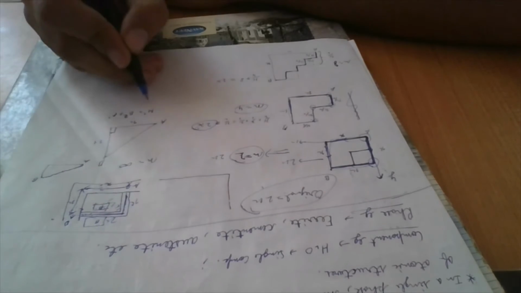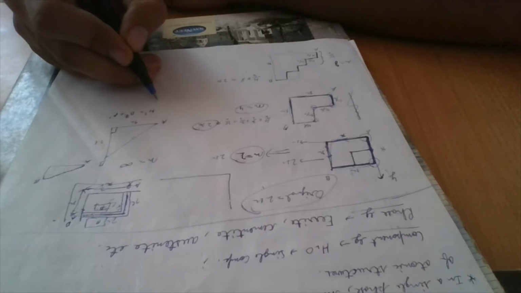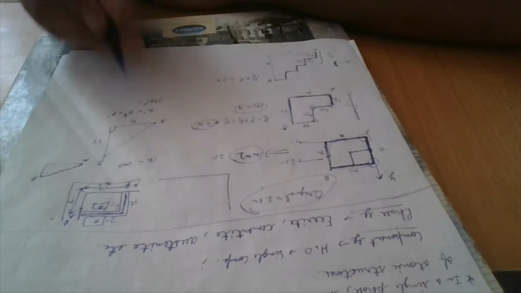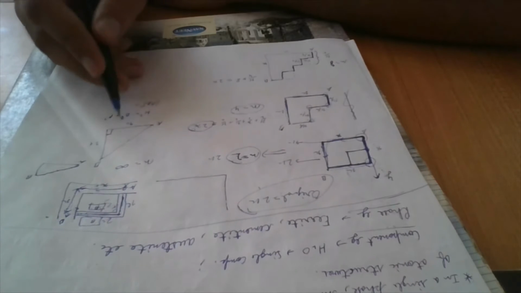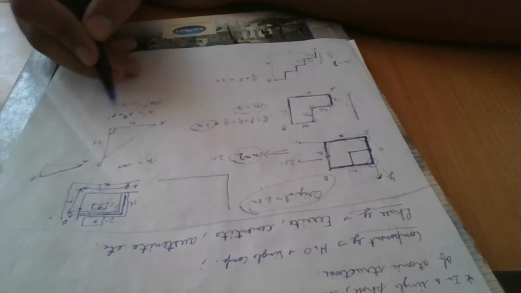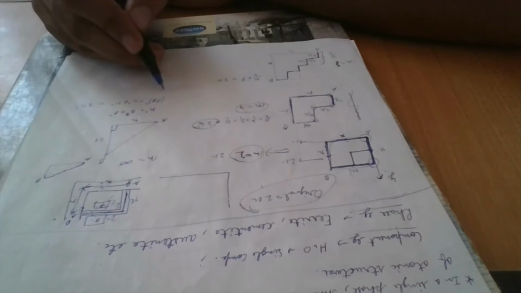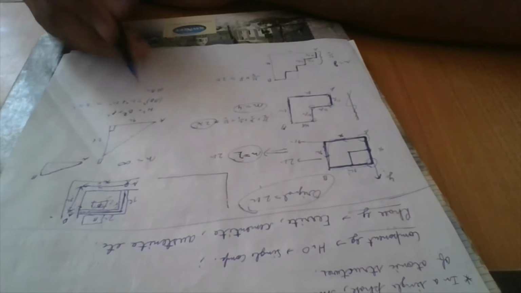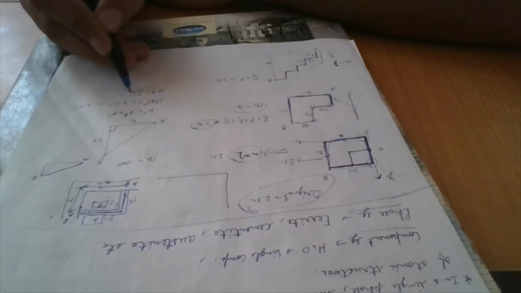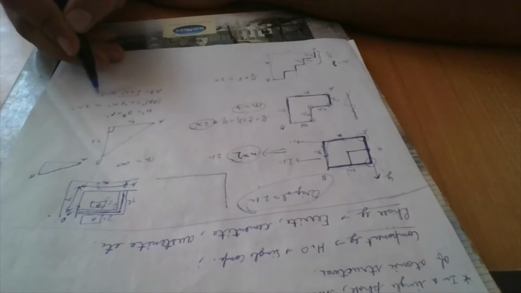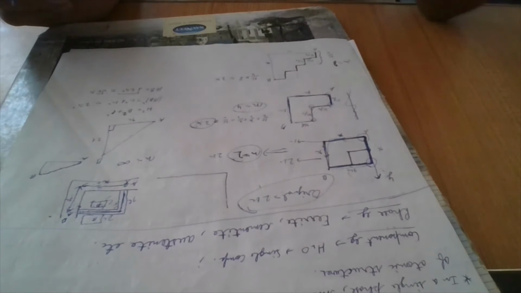Here AB is our hypotenuse, so its square would be equal to base, which is x square, plus perpendicular, which is also x square, equals 2x square. And the distance AB equals the square root of 2x square, which comes out to be root 2x here.